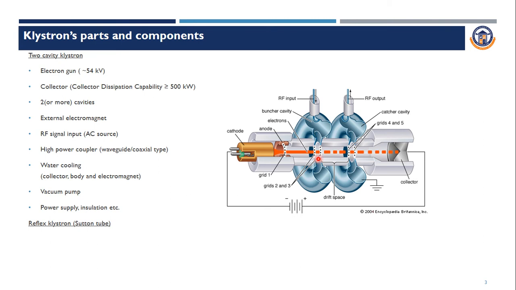While crossing this cavity, the electrons will be accelerated and decelerated, and in this drift phase the electrons will bunch at one point, then travel to this catcher cavity. This catcher cavity again accelerates them, then the high power output will be collected in the RF output. The excess electrons will be collected through this collector.